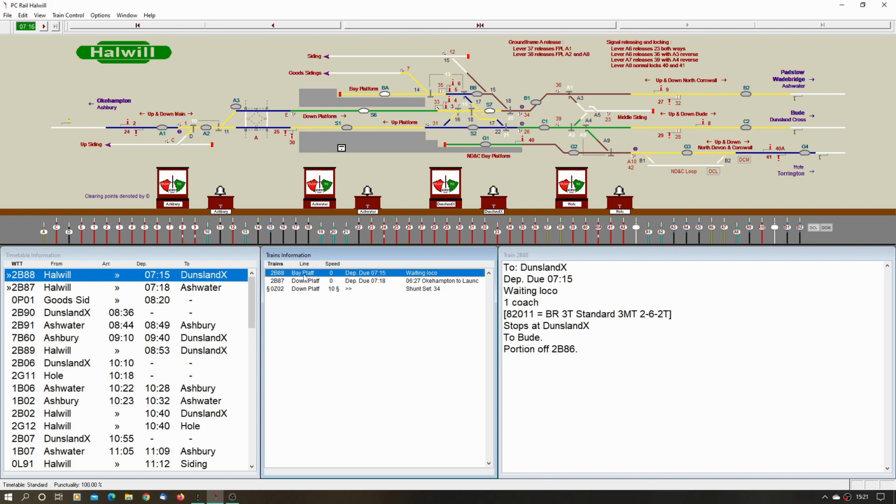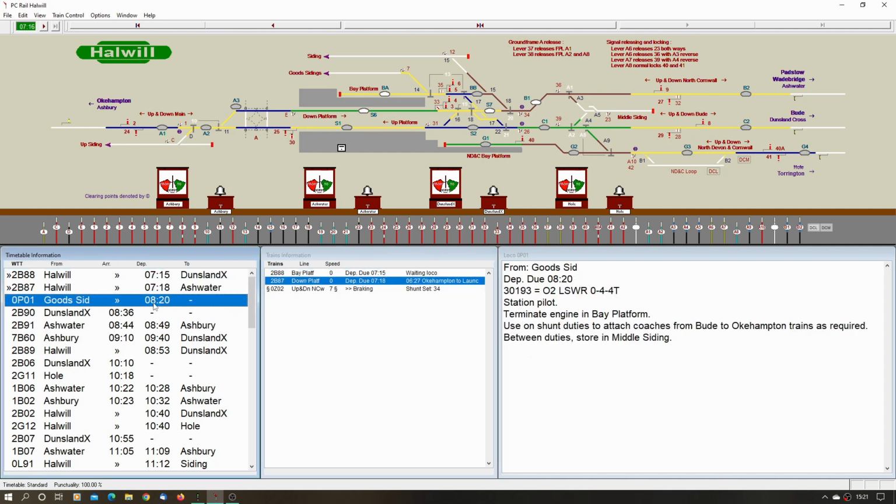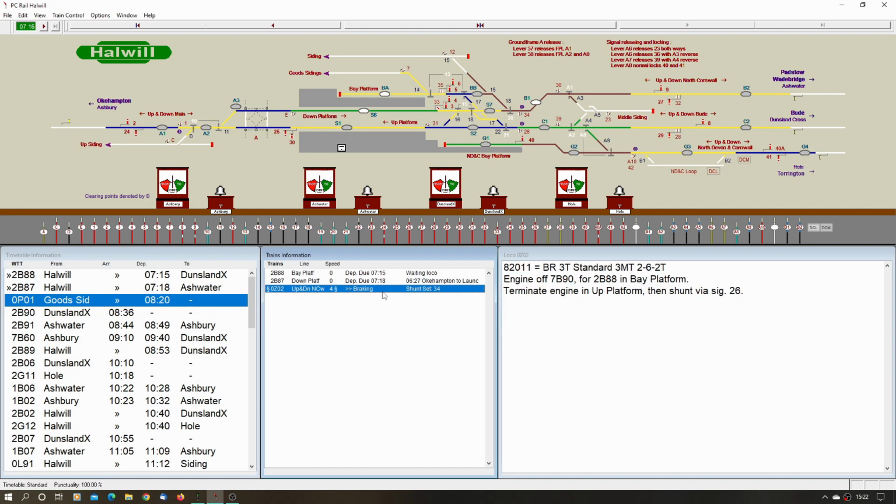It's a shame these trains aren't reversed, because they cross each other. Otherwise, I think they could probably depart at the same time. And you see, we've got quite a large gap from there to the goods side. So while these trains are going away, I'll try and speed time up a bit there.